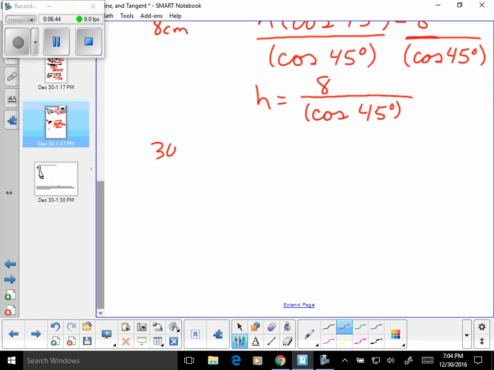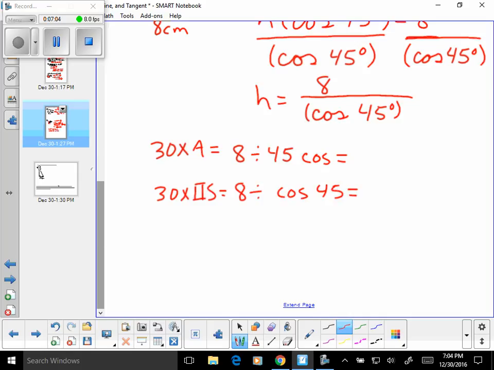If I have a 30XA, I'm going to put it in as 8 divided by 45, then hit cosine, then hit equals. If I have the 30X Roman numeral 2s, I'm going to press 8 divided by cosine 45 and equals, and I should come out to 11.3. So h is going to equal 11.3 centimeters.